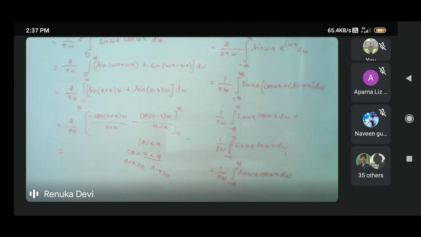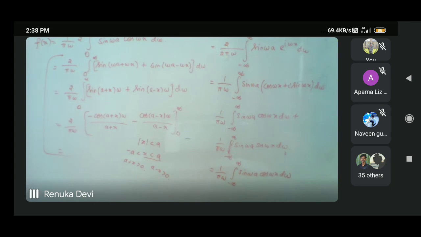Actually, what you want is just to evaluate this integral, isn't it? How will you evaluate this? The right hand side is just f of x, isn't it? Just a guess. These are not necessary. I am just writing again and again.